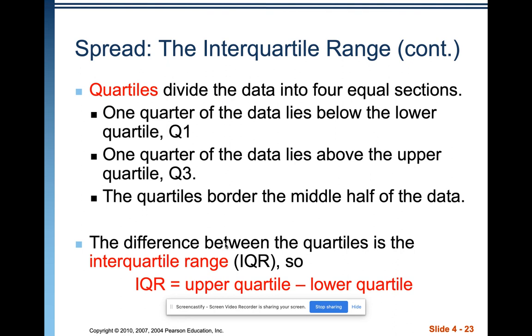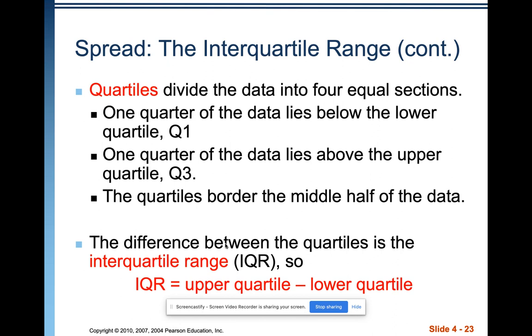One big warning I have for you: do not try to make an analogy between statistical quartiles and Houston Christian quartiles. They're completely different. So if your brain starts going there, just tell it to stop. They're not really analogous. Statistical quartiles divide the data into 4 equal sections.